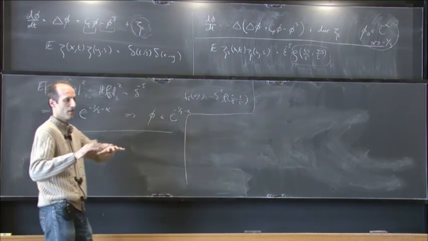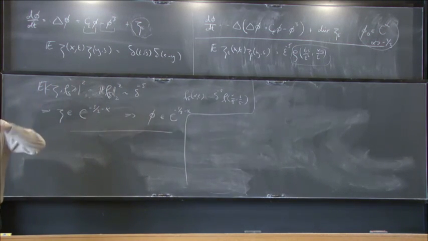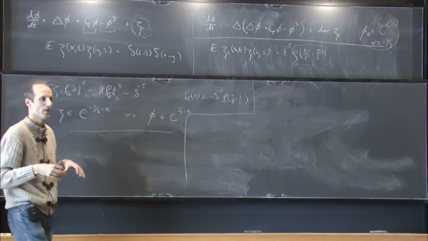Okay, and then you show that the solution theory is continuous as a function of, well, basically everything: as a function of the initial condition and also as a function of these objects that play the role of polynomials.